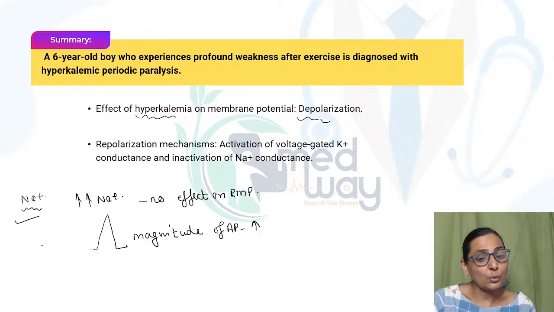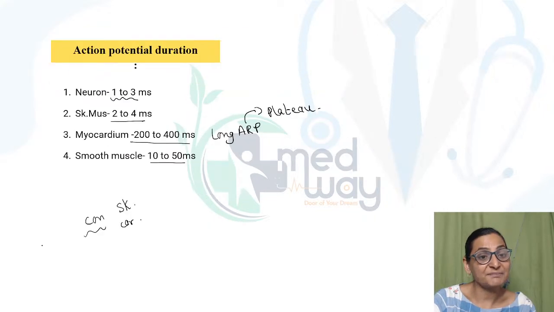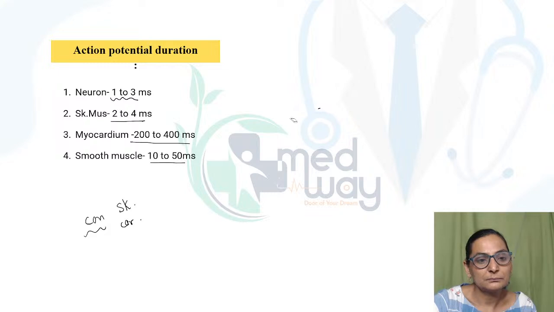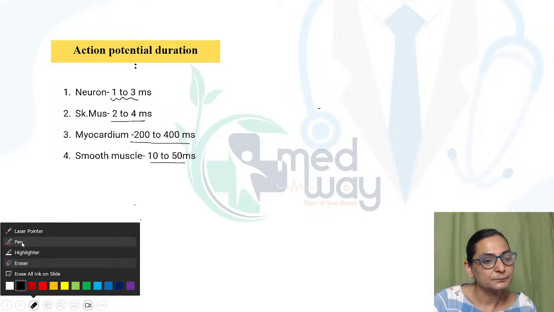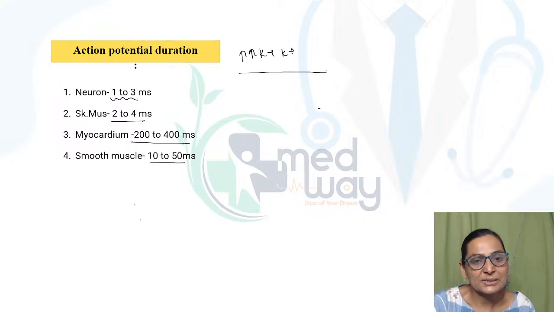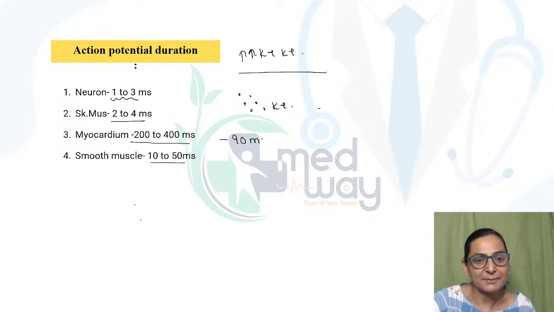Now, what is the role of hypo and hyperkalemia? This is very important. Suppose there is hyperkalemia, that means an increase in the potassium concentration outside. If you increase the potassium concentration in the ECF, there is hyperkalemia. Now you know that already inside there is a lot of potassium and we have an RMP of minus 90 millivolts.